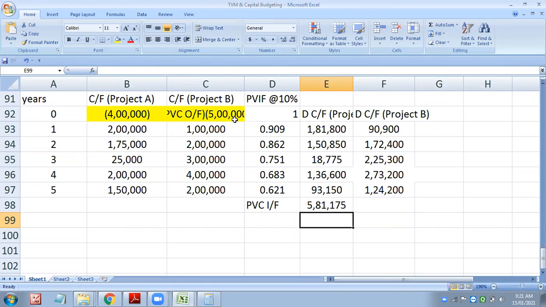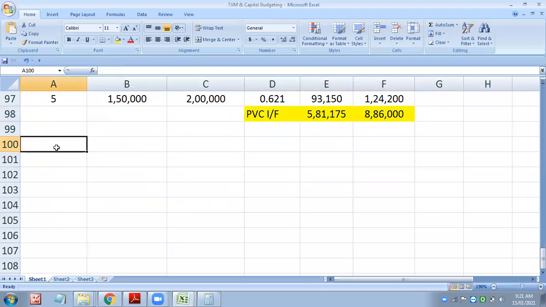Likewise, these are the present values. So the present value of total cash inflow for project A we got as 5,81,175. And for project B, 8,86,000. So these are the present values of cash inflow. Now I will apply the formula. What is the formula for NPV?